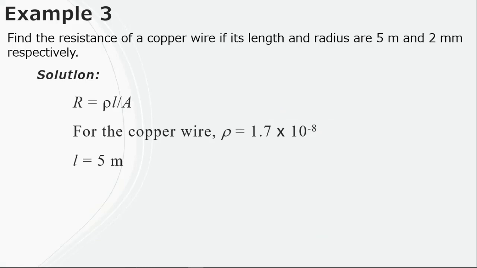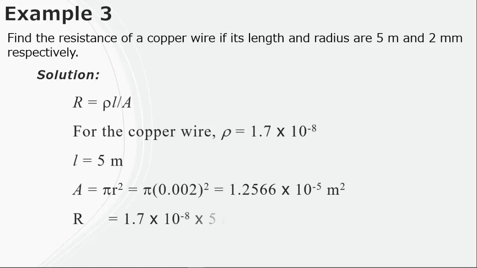The length is 5 and the area is calculated as pi r squared. We have a radius of 2 millimeters, which is equal to 0.002 meter. Then our area is equivalent to 1.2566 times 10 raised to negative 5 square meter.